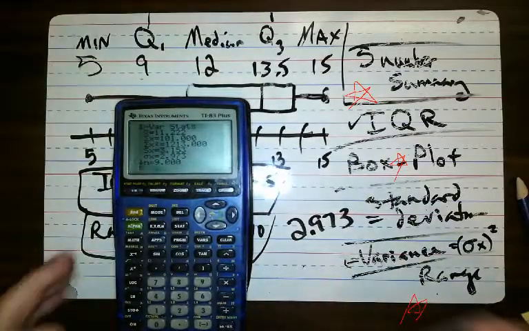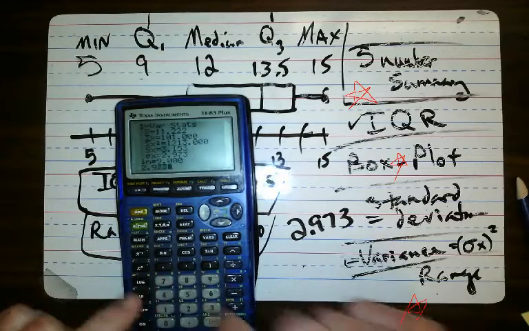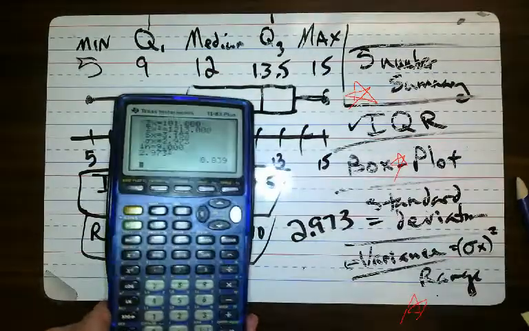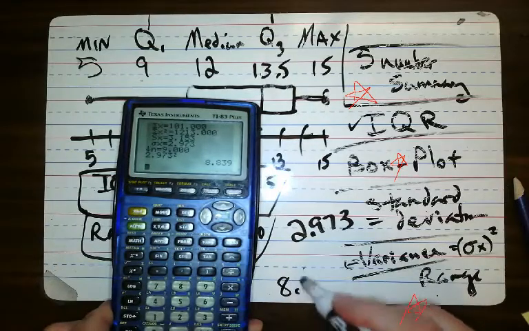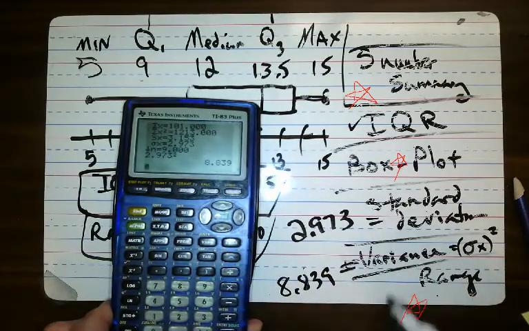And then what's the variance? Well, the variance is 2.973 squared. We can do that. Can you see that? 8.839. That's the variance.